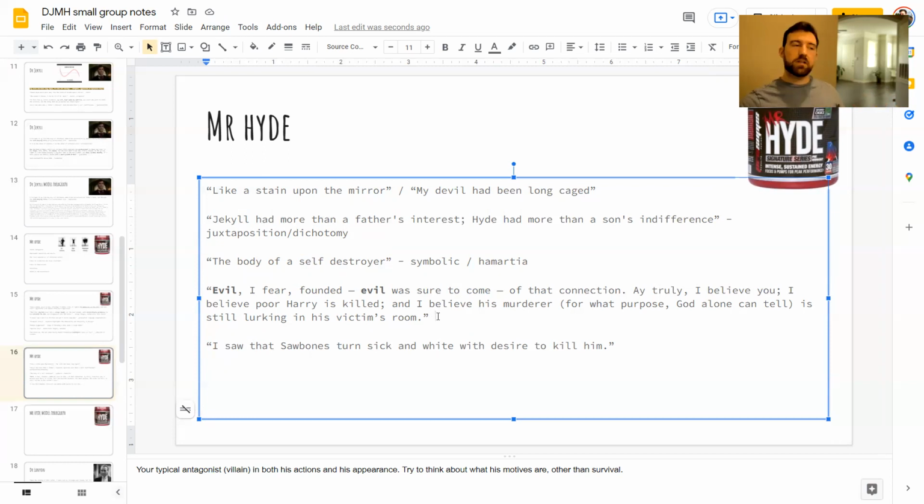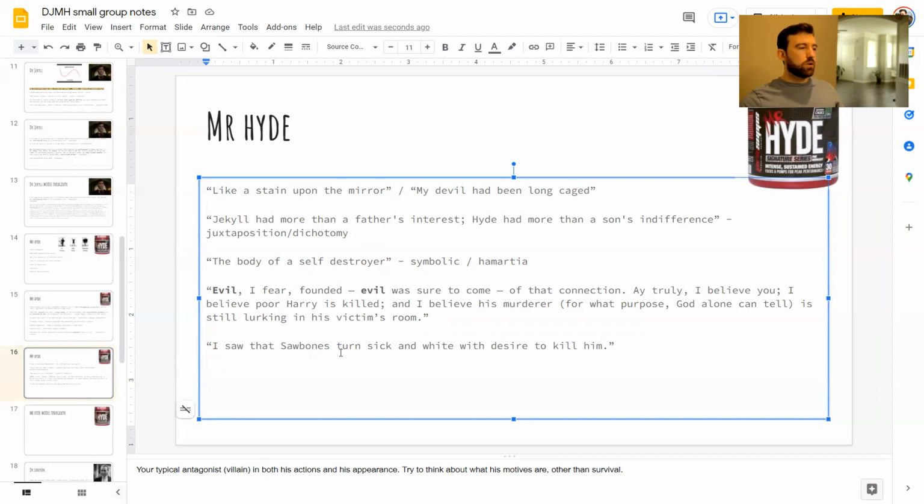And he's a lawyer, so it's innocent till proven guilty. But in this section, when he actually does believe that Mr. Hyde has killed Dr. Jekyll, we see just how evil Mr. Hyde must be, that even a lawyer and an objective person in the justice system basically is like, I just think this dude is guilty.